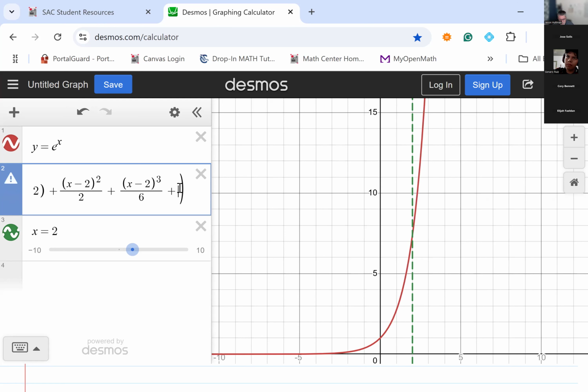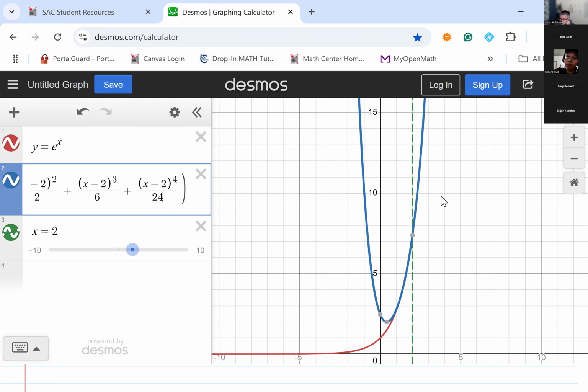Let's go to the next one, which would be x minus 2 raised to the 4th power divided by 24. What do we see here?